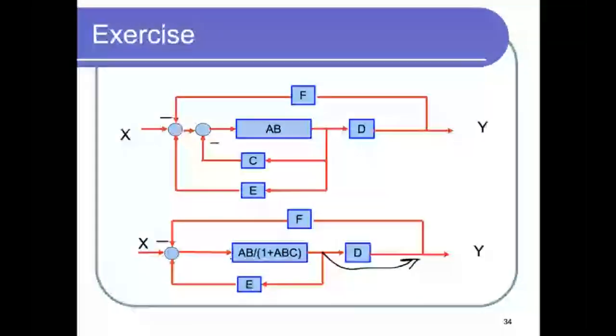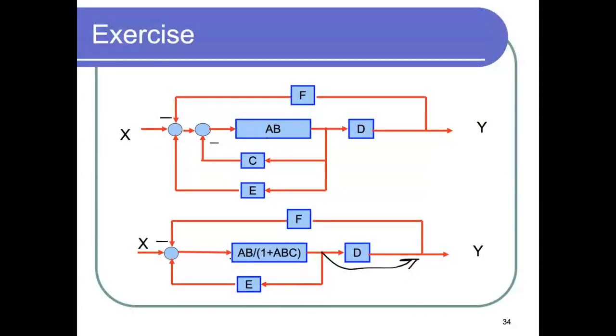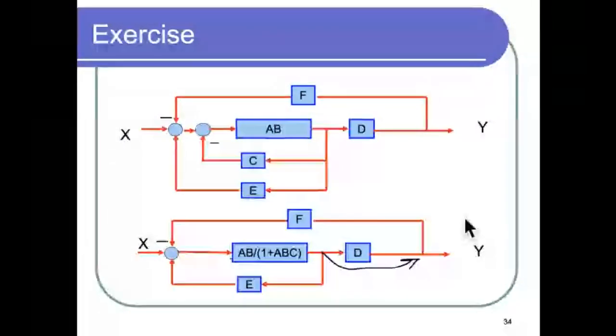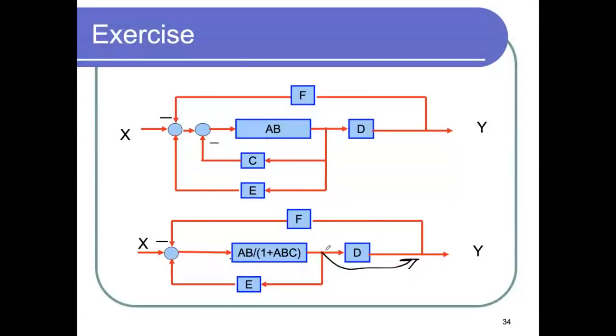If you move this pickoff point to after D, this will be E over D. And this one, the third one, F are all parallel to each other, so you can sum them. Then you will have one feedback with 3 blocks in series, so you can apply the feedback loop.